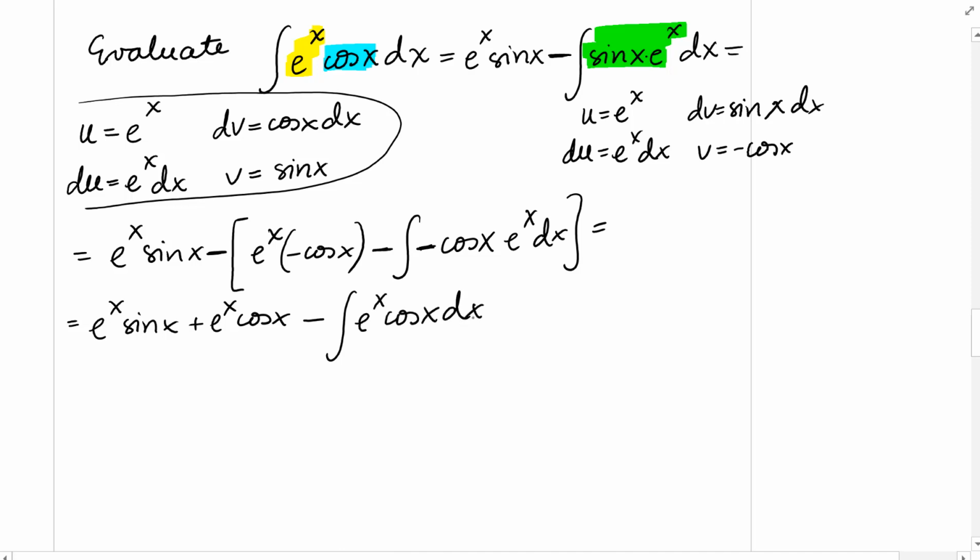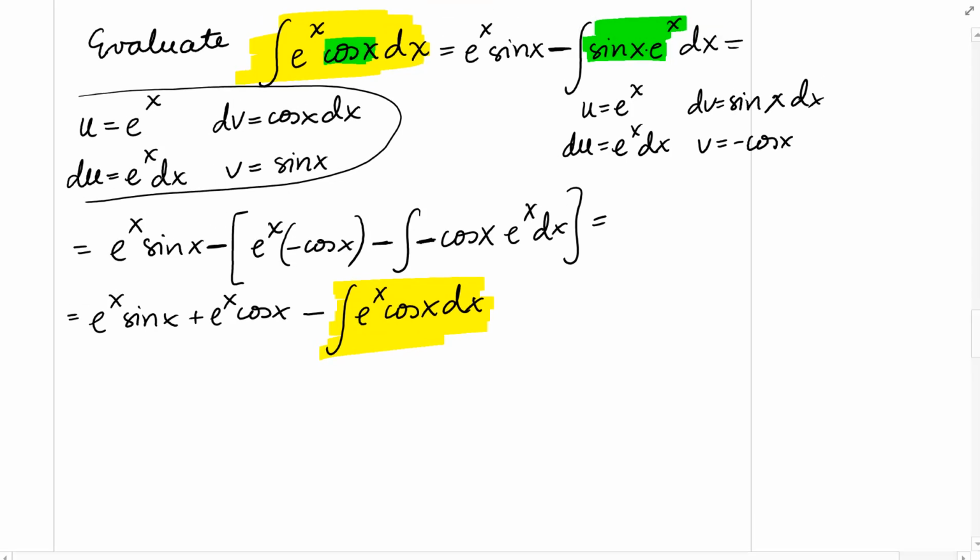So what do we notice? Our original integral was obtained here as well. So in other words, if I write our original integral as I equals e to the x sine of x plus e to the x cosine of x, minus I, because it's the same quantity.